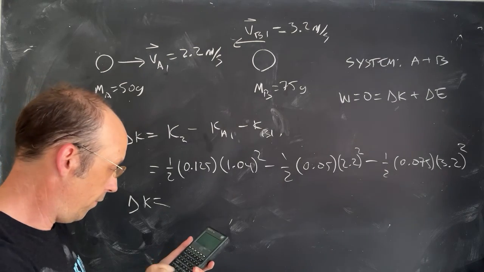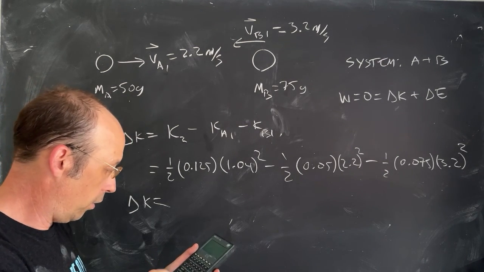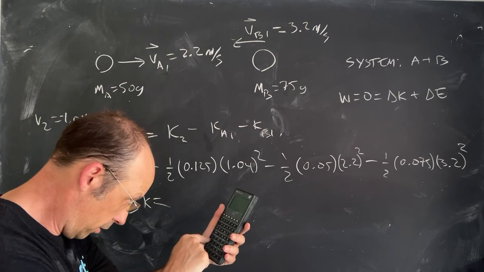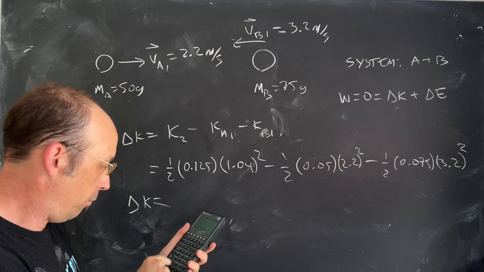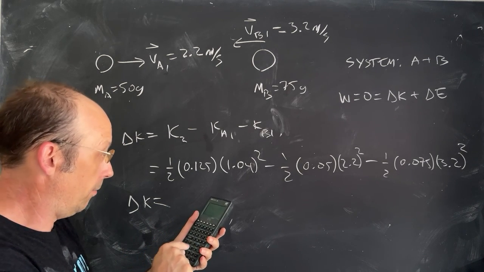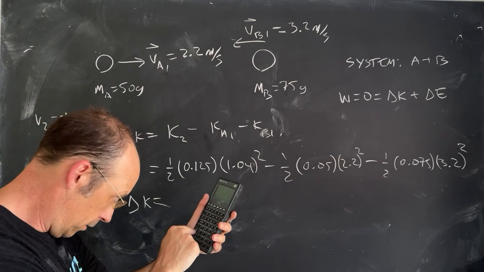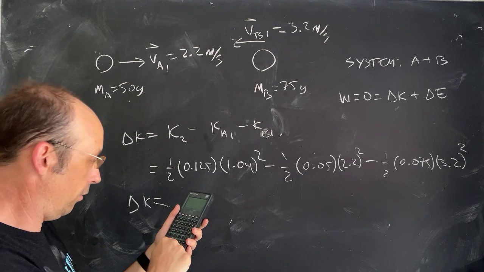Okay, 0.5 times 0.125 times 1.04 squared. That's that one. Then I have 0.5 times 0.05 times 2.2 squared, and I'm going to subtract those.